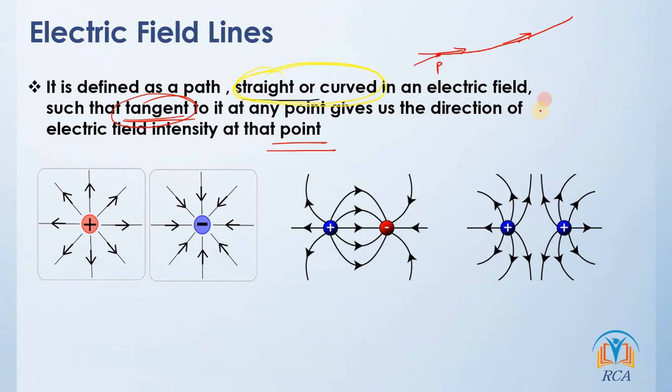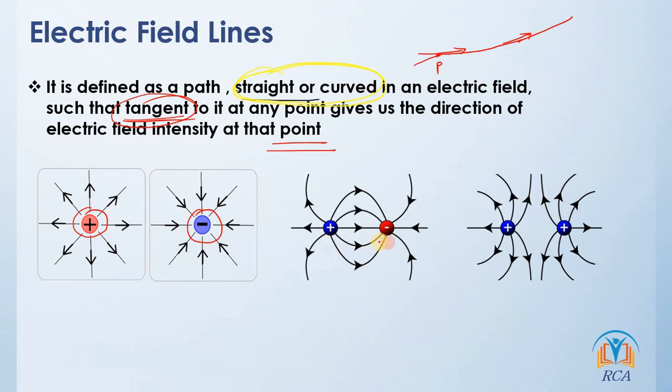Obviously the tangent will point in different directions, which will also give you the varying directions of electric field intensities at different points. So it is defined as the straight or curved path such that the tangent to it gives you the direction of the field intensity at that point. Just as we discussed in the section before this, for a positive charge the electric field is always outwards, and for a negative charge it will always be inwards.